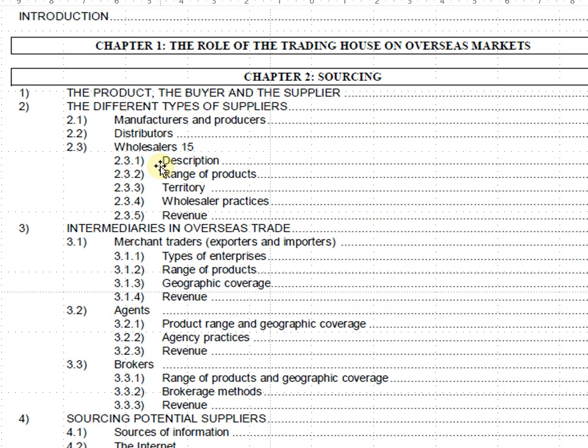Or you yourself can be one of these types of business, as I told you, these three kinds of intermediary traders. This intermediary connects trading between export and import, as I told you before.